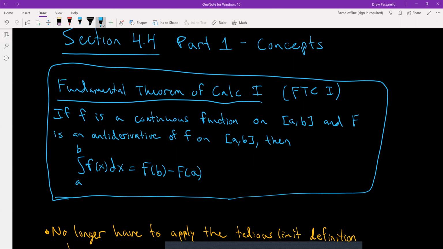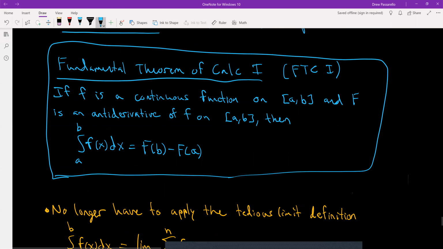So what you're going to do is integrate the function based on integral rules, find the antiderivative, and then plug in the bounds of the integral. It's usually the upper bound b minus the lower bound a.